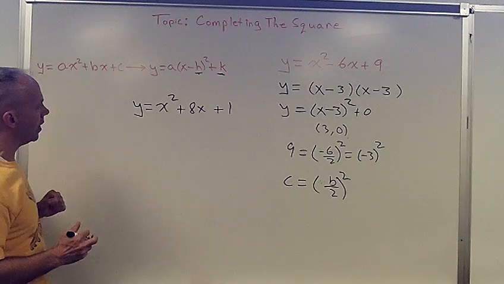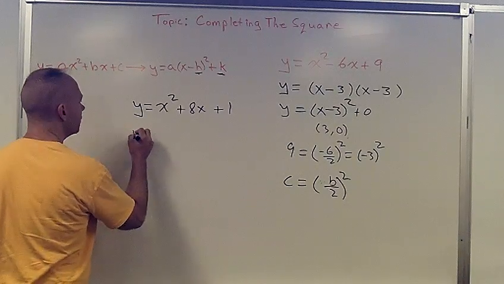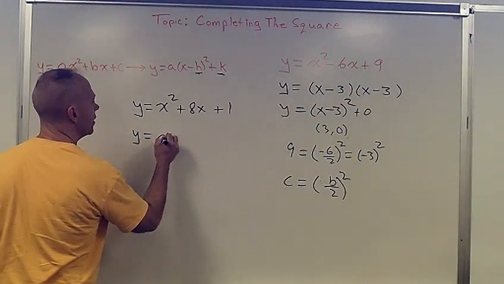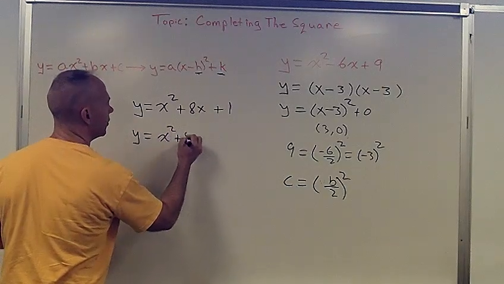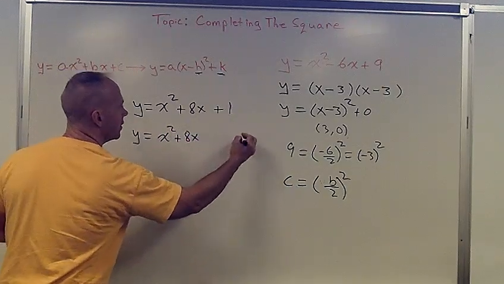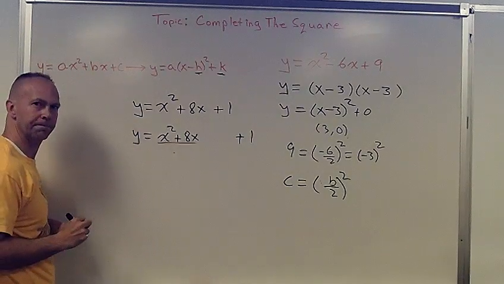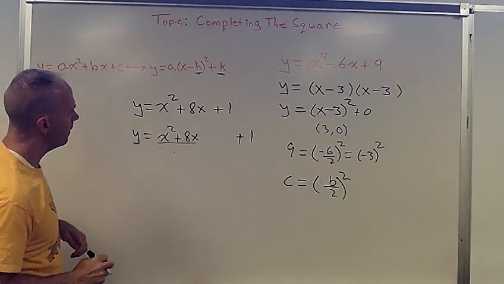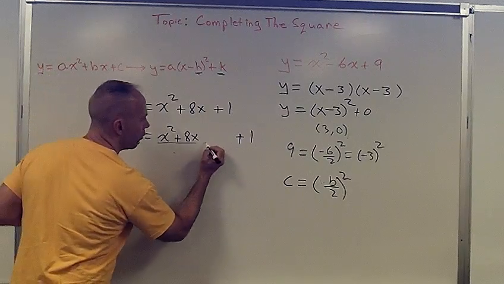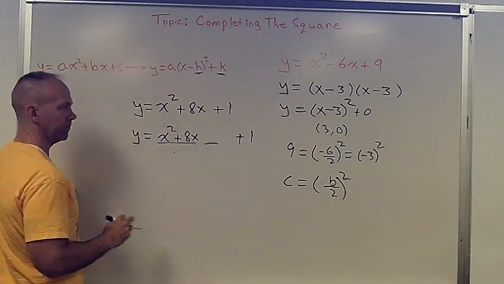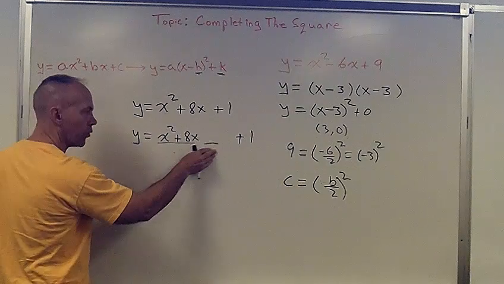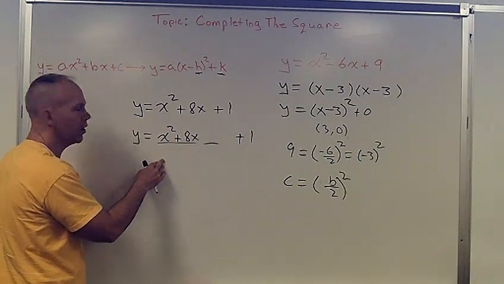The way we go about this is, first thing we do is we kick out c, and we're just going to work with what is left here. Now, we're going to create a trinomial by adding a term in here. Ignore that plus 1.